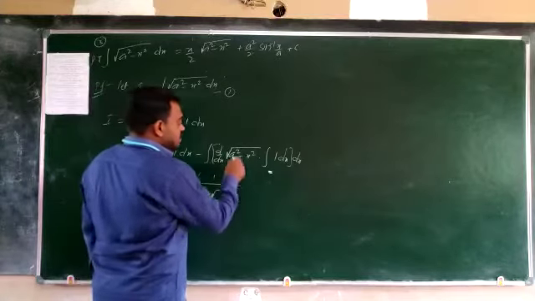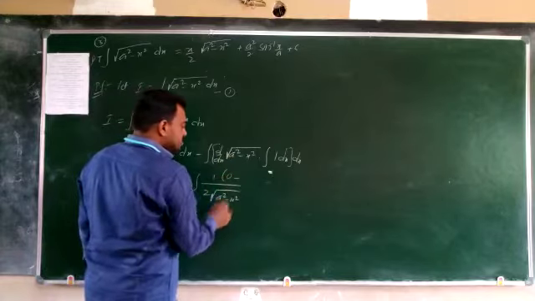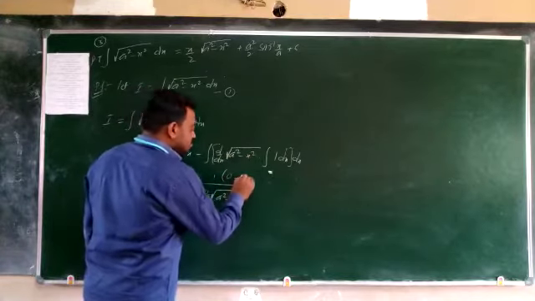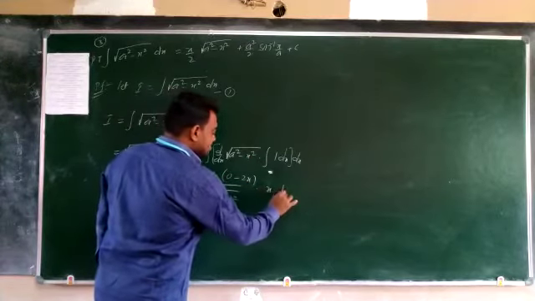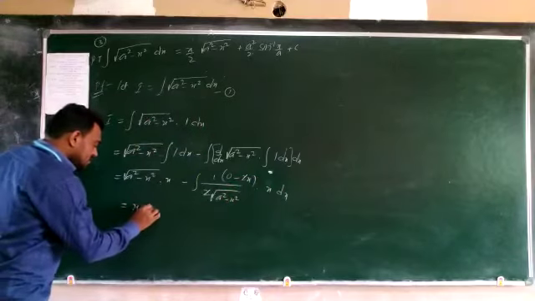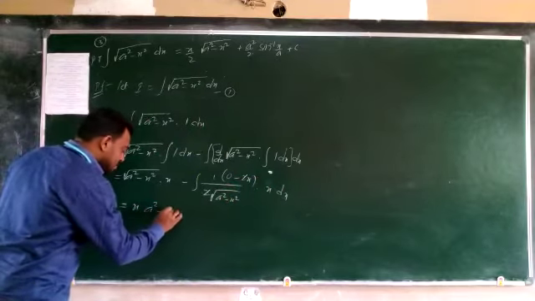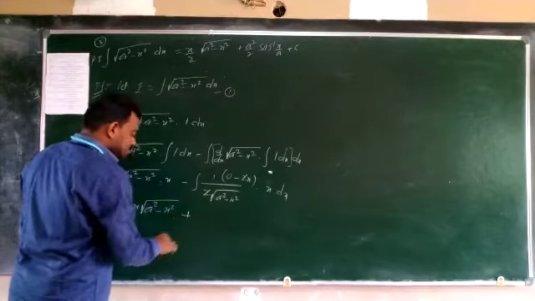A square is the constant, constant derivative is 0, minus x square derivative 2x, into integration of 1 dx is x dx. Here 2 gets cancelled. This is equal to x into square root of a square minus x square, minus into minus here plus.